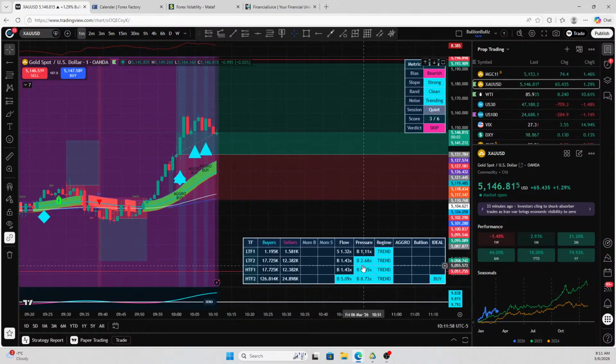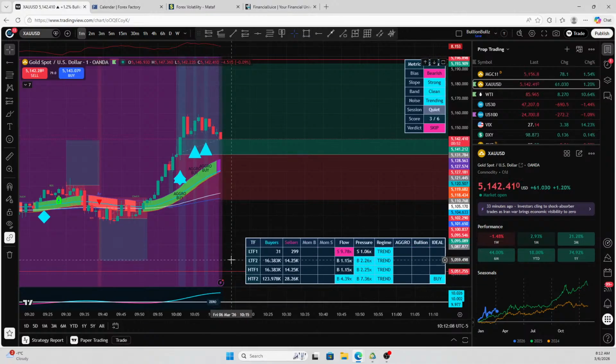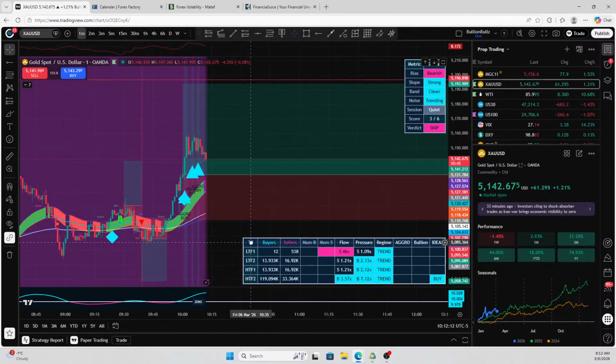This is where we need to be keeping an eye, because pressure is starting to go down. We're going to target a minimum 1 to 2, otherwise we just put the stop to break even.